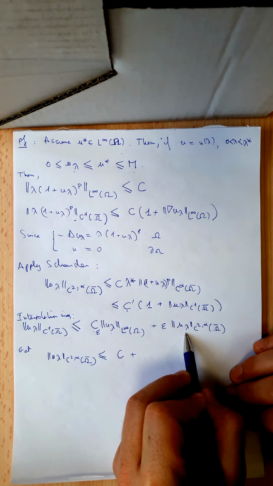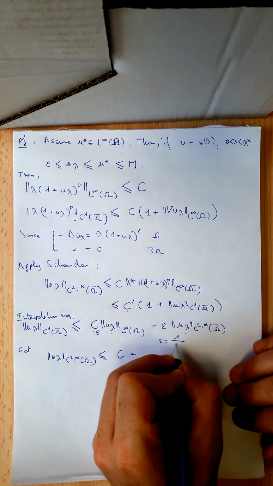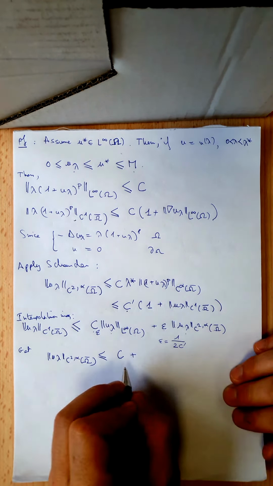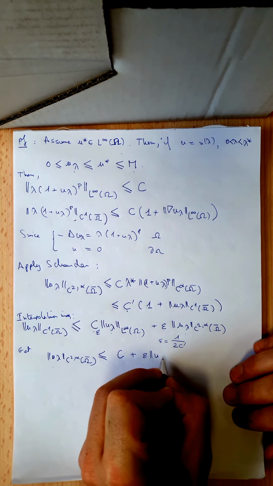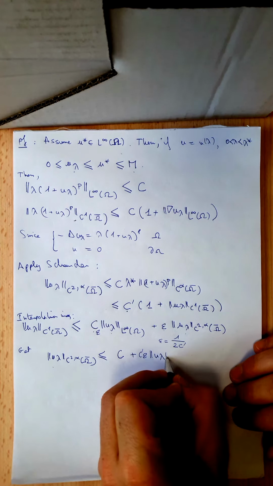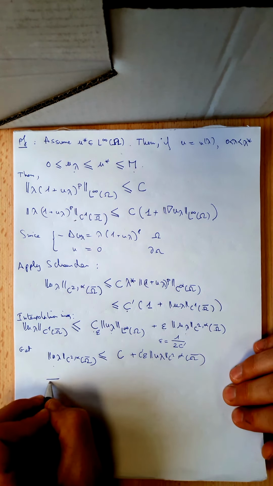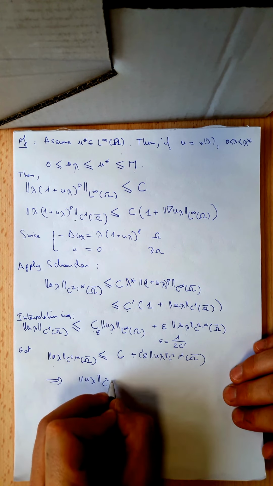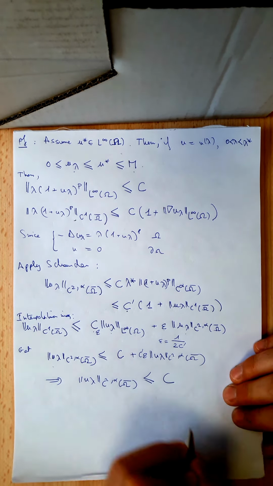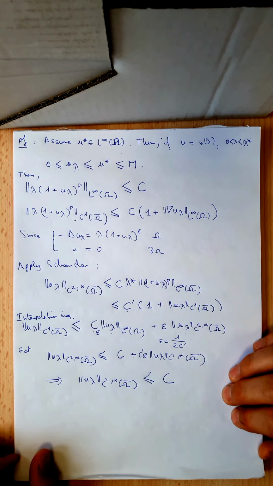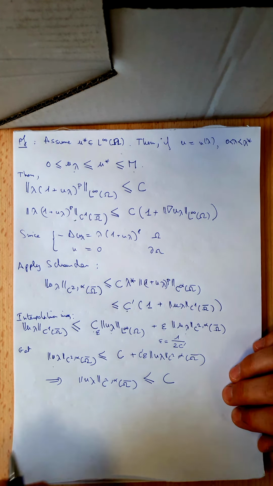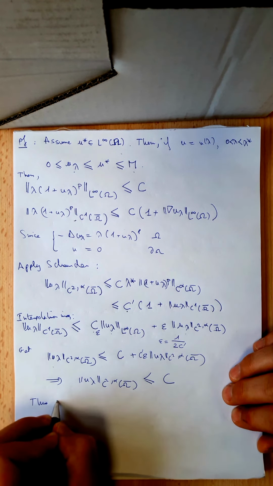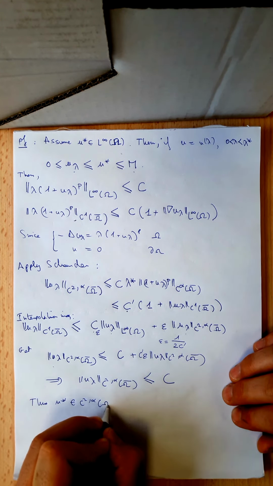And if we take, let's say, epsilon equal to 1 over 2C prime, then this quantity can be absorbed into the left side. And so we get that U lambda is uniformly controlled by some constant C, which is independent of lambda. And this is true for any fixed alpha. So now, since U lambda converges monotonically to U star, we conclude that U star is C2 alpha in omega.